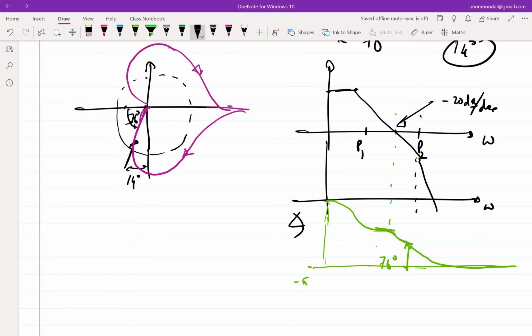So how do I draw an analogy between the things that we already know and the things that are beyond any analytical calculations? What we essentially said is that we will calculate phase margin for a system of any order, and if that phase margin is equal to 76 degrees, we'll consider it to be critically damped.